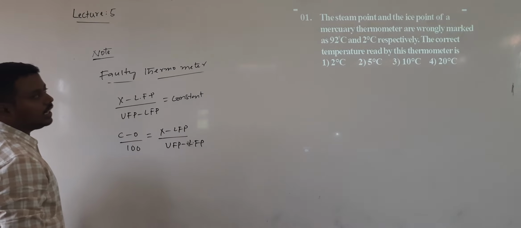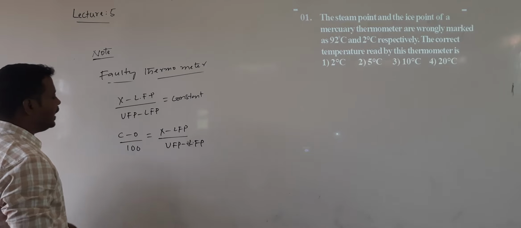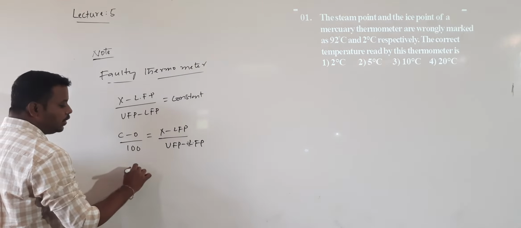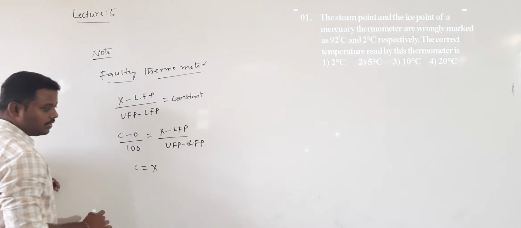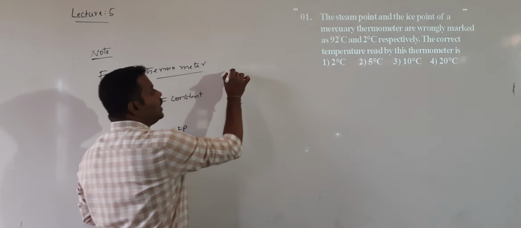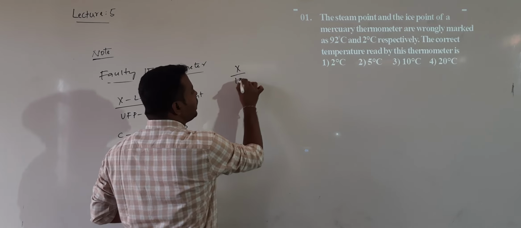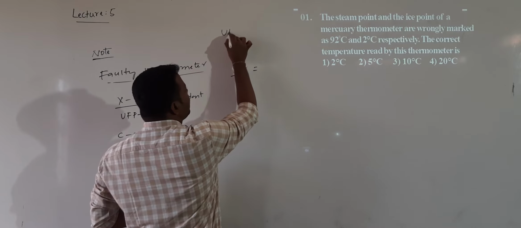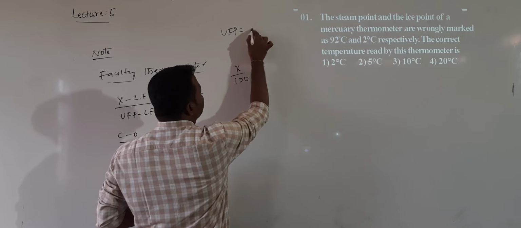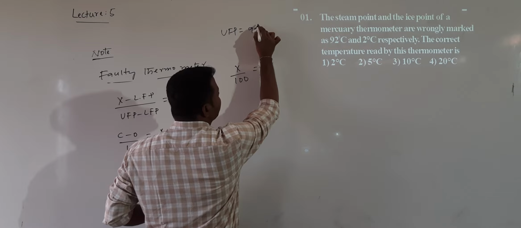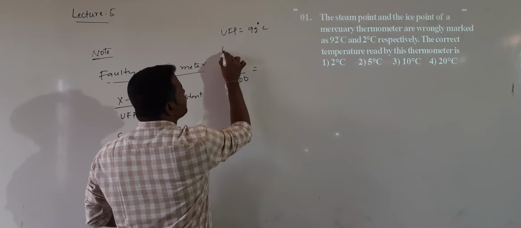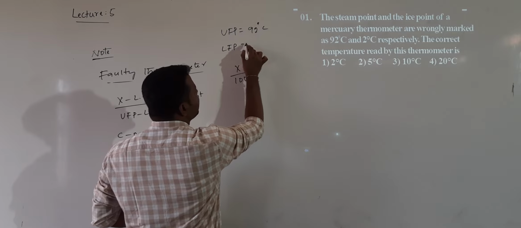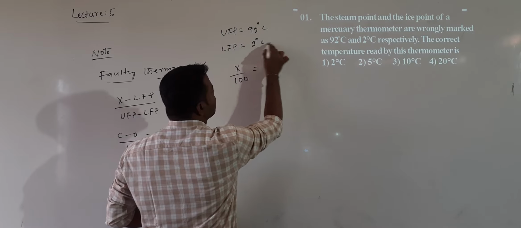Now they are asking us to calculate the correct reading. To calculate the correct reading, we need to take the C value equal to x. Then x divided by 100 will be equal to, here, what are the lower fixed point and upper fixed point? The upper fixed point for the faulty thermometer is given as 92 degrees Celsius, whereas the lower fixed point for the faulty thermometer is given as 2 degrees Celsius.